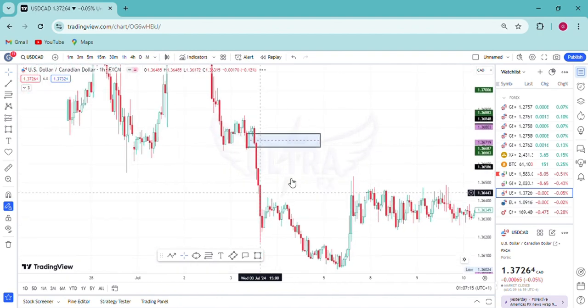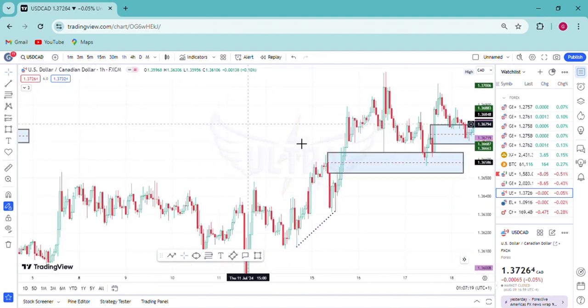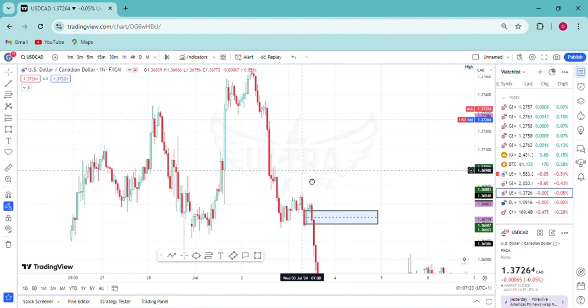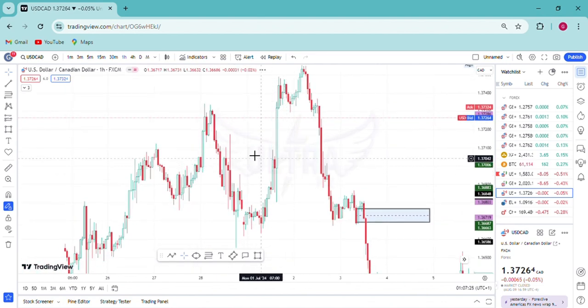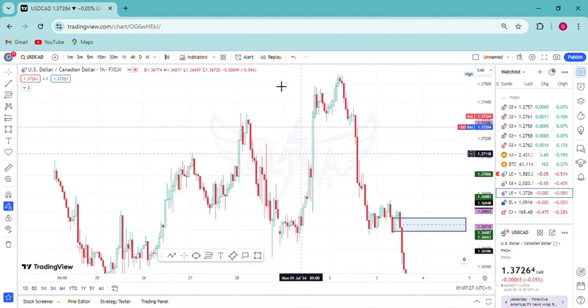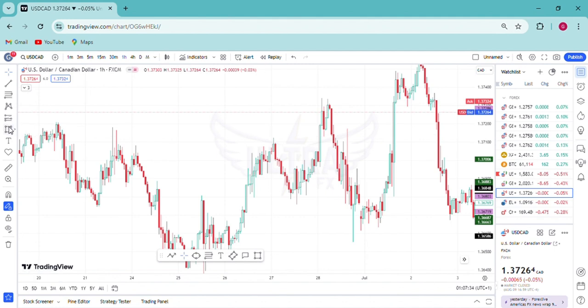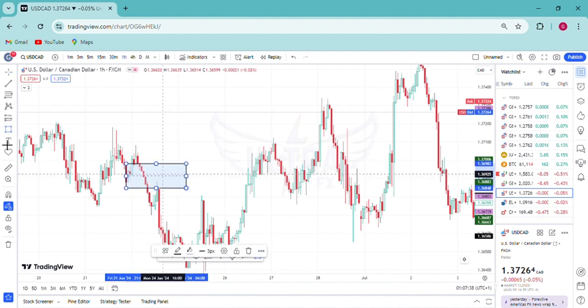So I created another mitigation block over here, and we have mitigation blocks. So this is also a mitigation block on a lower time frame. This is also a mitigation block. So you can see that we have a high that is lower than the previous high.